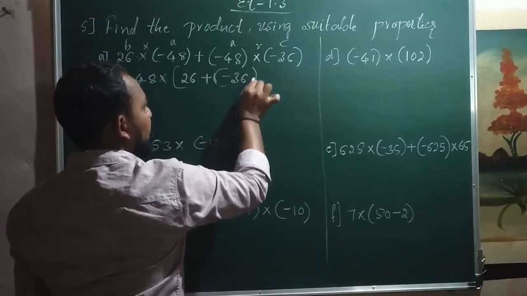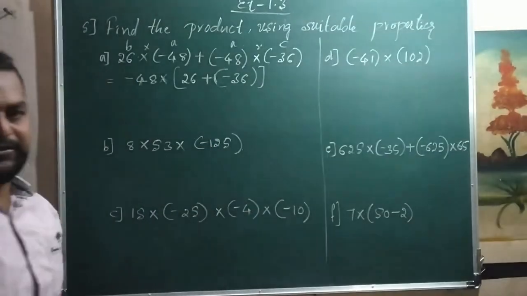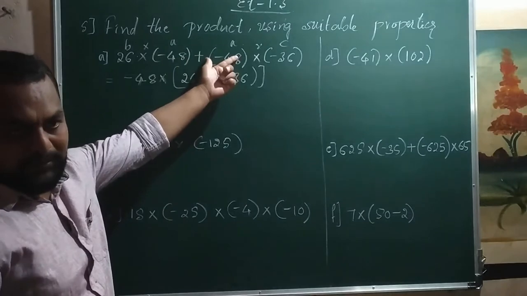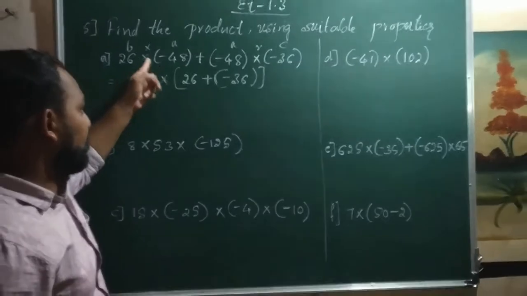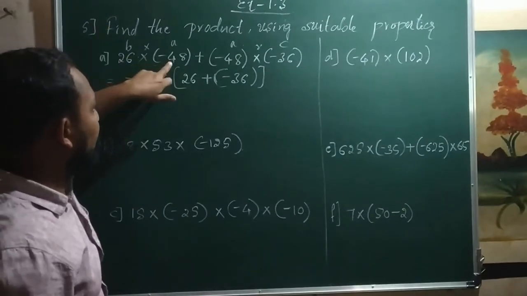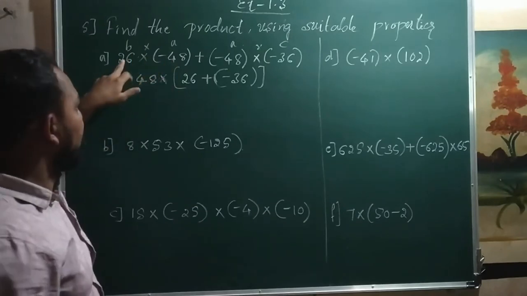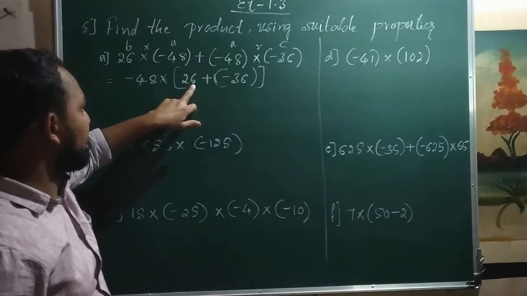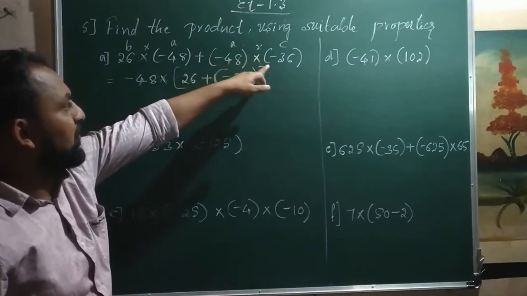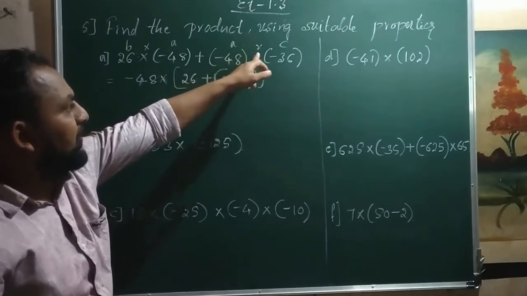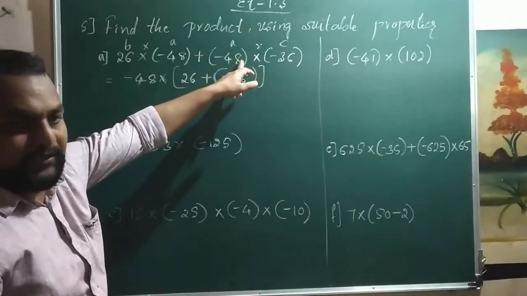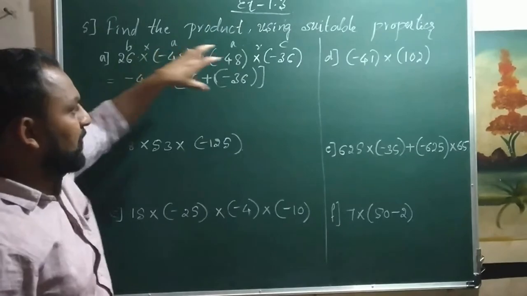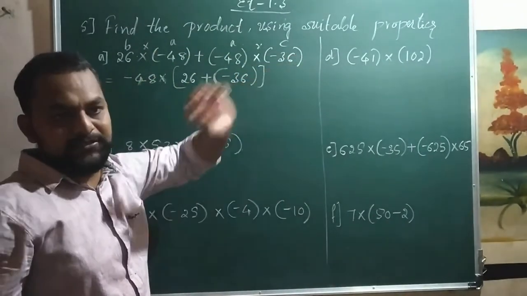Here in this expression, A into C, the 48 is common, the remaining value is minus 36.